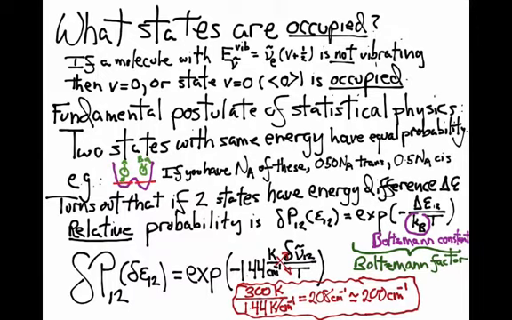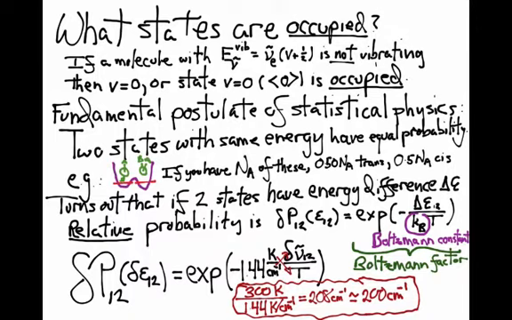So any state with a few hundred wave numbers of energy or less is going to have a pretty good shot of being occupied. Conversely, states with more than a few hundred wave numbers of energy, their probability of being occupied rapidly and exponentially diminishes. And so that scaling is fantastically important.